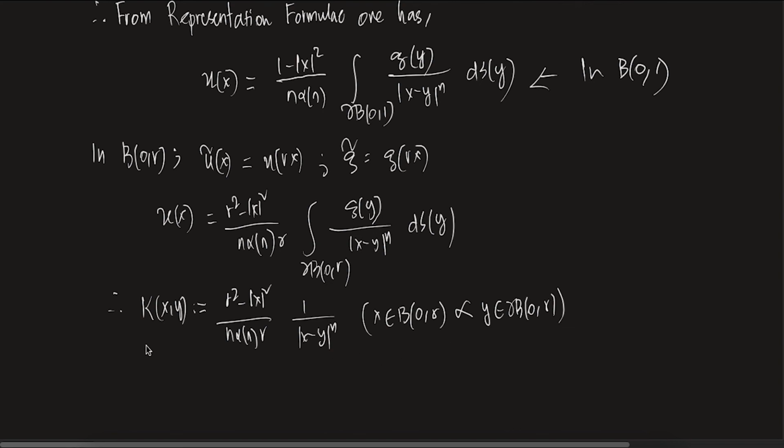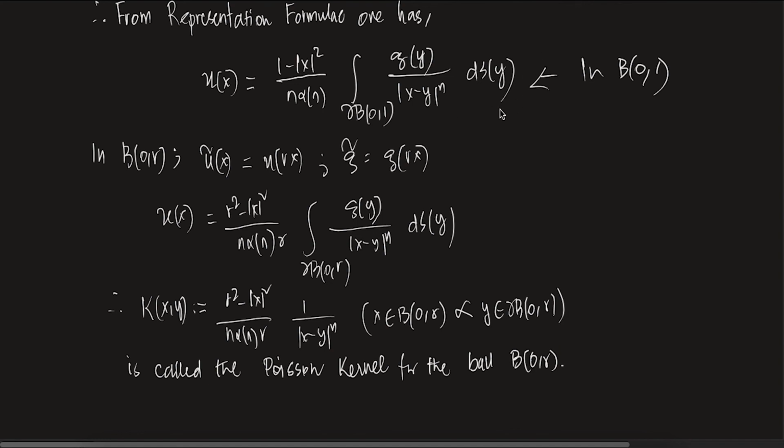This particular thing is called the Poisson kernel for the ball B0R. Clear?